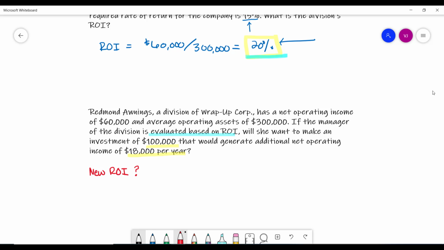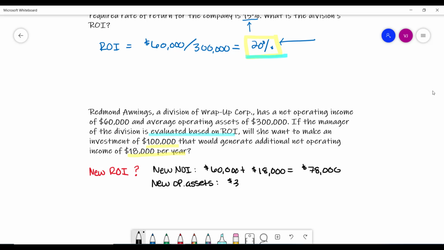There are a couple of things we would need to find first. What would be our new net operating income? Currently it's at 60, but we said it would increase by 18,000, so our new net operating income after the investment would, based on our estimates, be 78. And what would be the new operating assets total?